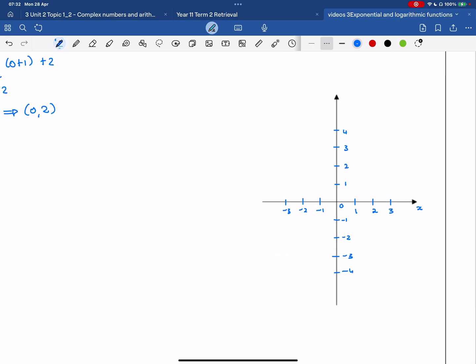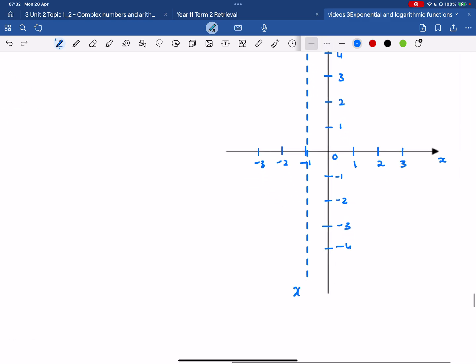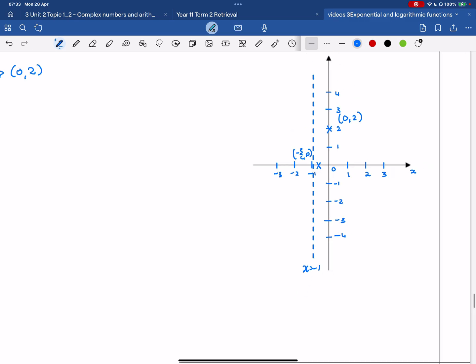And the first thing we're going to do is sketch our asymptote through x equals -1. And we're going to label our x-intercept at -3/4 and 0, and our y-intercept at 0 and 2.